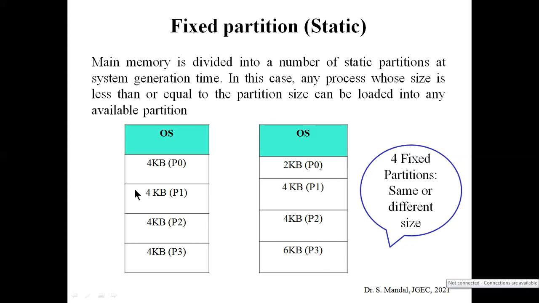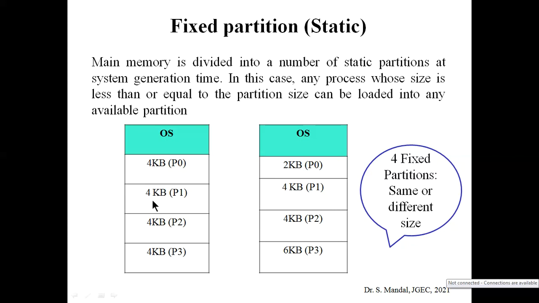you can see that all the partitions are the same size, like 4 kb, 4 kb, 4 kb, 4 kb, where 4 different processes P0, P1, P2, P3 can be allocated. However, in the second variant of the fixed partition, although we used 4 partitions, the sizes of the partitions are different.